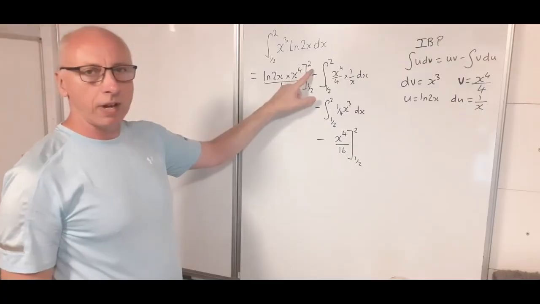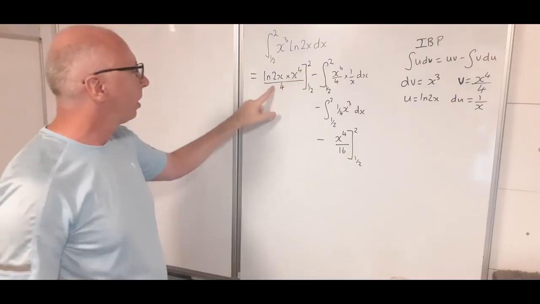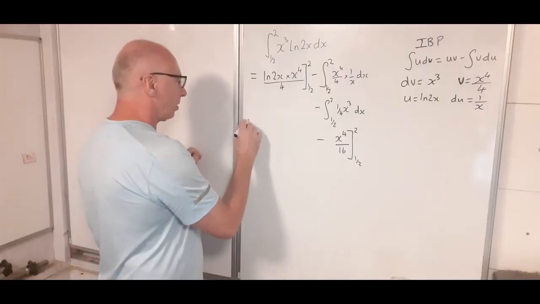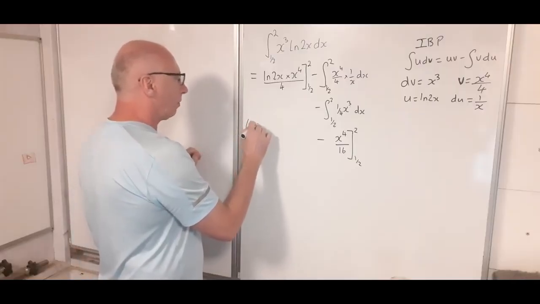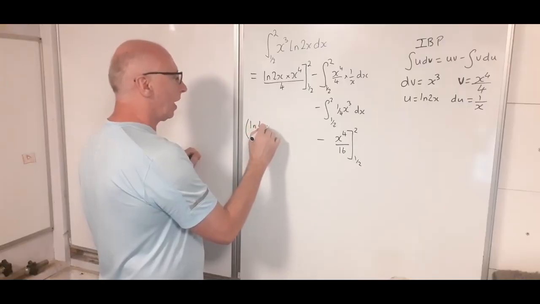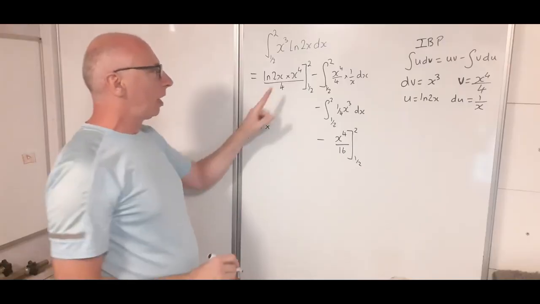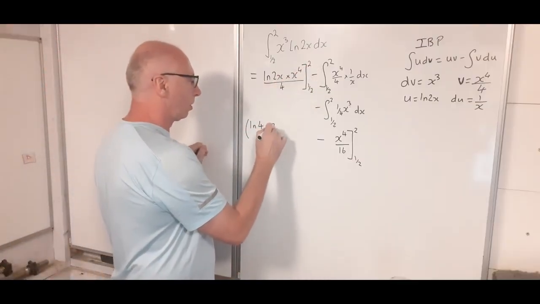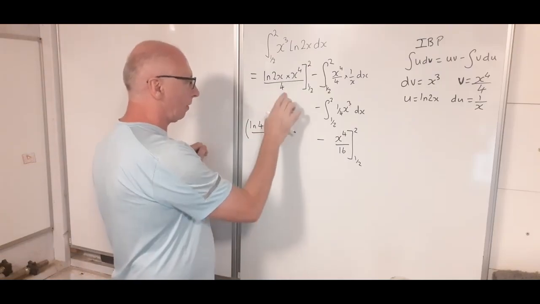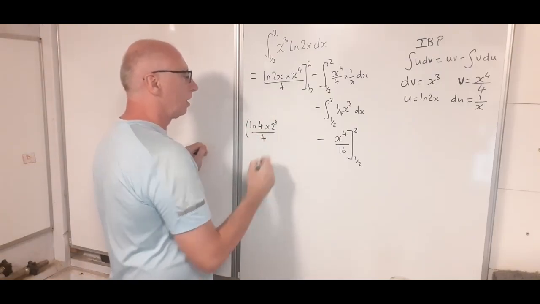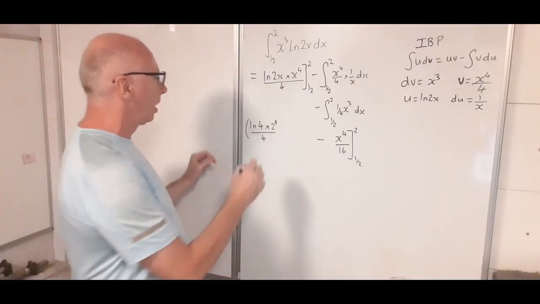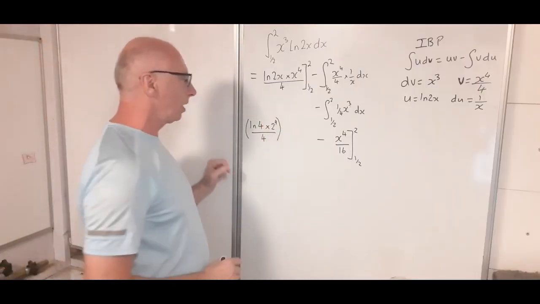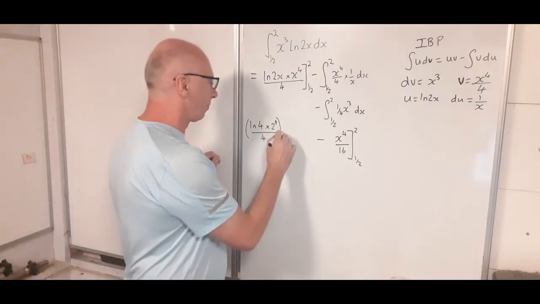So first of all, evaluate when x is 2. So I've got log of 4, times 2 to the power of 4, so I'm going to write it as 2 to the 4, and divide that by 4. So that's my value when it's 2. And now I need to work out the value when it's at a half.